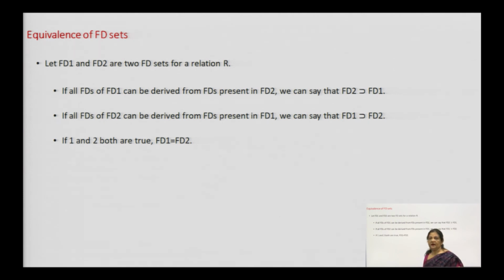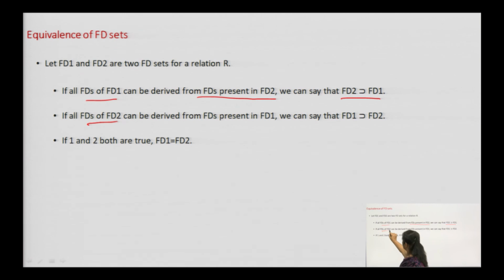Now, the last topic in today's lecture is the equivalence of functional dependency sets. Given the functional dependency sets FD1 and FD2 on the given relation R, if all the FDs in FD1 can be derived from the FDs in FD2, we say FD2 is a superset of FD1.